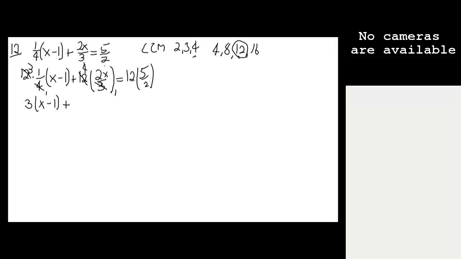Then you've got 2a squared minus b plus 3c plus 1 is equal to 3. And you also have 3a squared plus 2b minus 5c plus 1 is equal to 21.